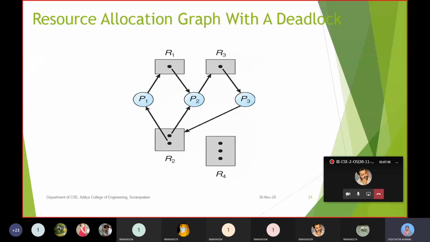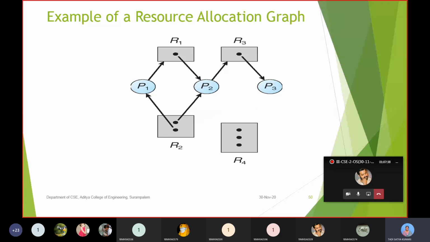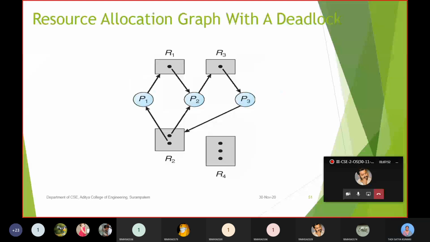There is no deadlock situation in this example, but we are going to create some more edges so that this resource allocation graph has a deadlock situation. Coming to the next slide: resource allocation graph with a deadlock.